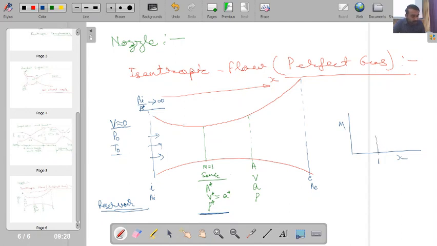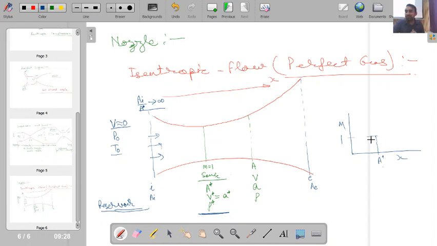Corresponding to the throat, where my area is A star, the Mach number will be equal to 1. What will be the value of Mach number upstream and downstream of this minimum area? What will be the value of pressure, value of temperature?